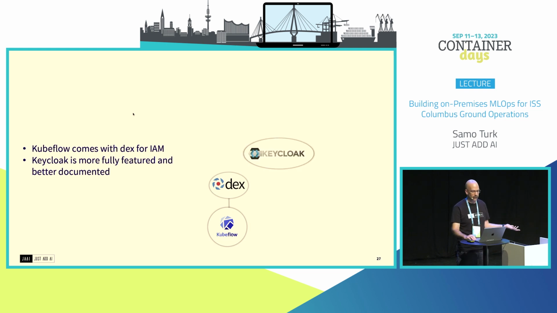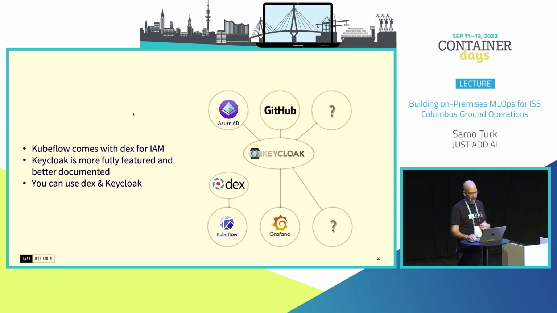Initially we had some problems, because Keycloak would work with other services, but we couldn't rip Dex out of Kubeflow. In the end, we decided to link them together. Dex just redirects to Keycloak, and if needed, in certain environments, you can link Keycloak with your other identity providers like Active Directory, GitHub, or whatnot.